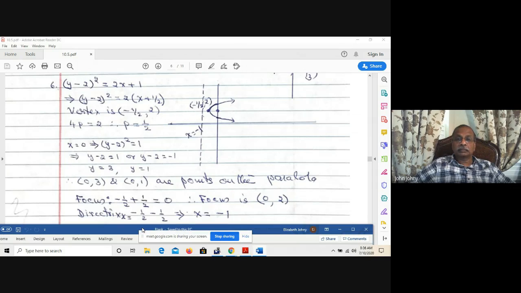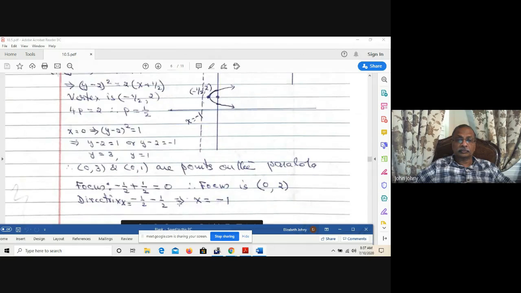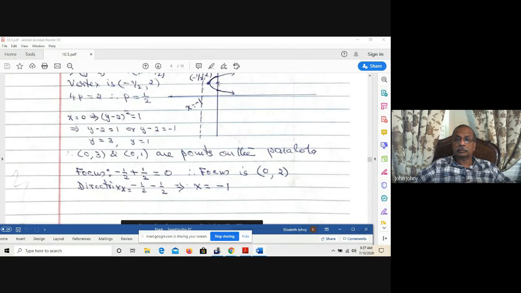Then the focus. Use the formula, that is h plus p. So negative 1/2 plus 1/2 is 0, that is the focus is (0, 2). So x coordinate is 0, y coordinate is 2.